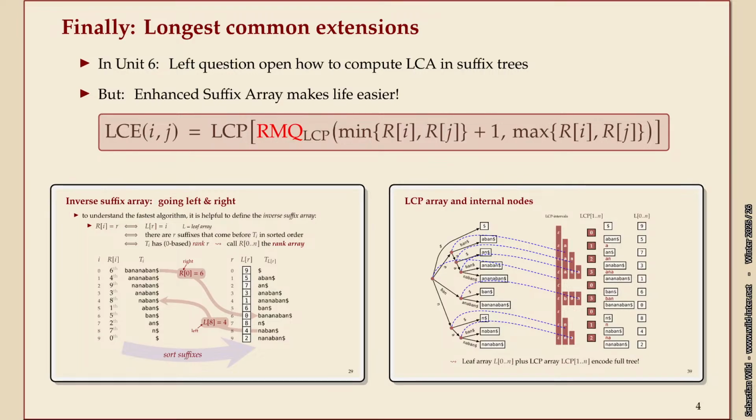What does that have to do with longest common extensions, longest common prefixes, and lowest common ancestors? Well, everything. To compute the longest common extension of two positions in the text, in other words, the string depth of the lowest common ancestor in the suffix tree of these two leaves, or the longest common prefix of these two suffixes that start at position i and j, you just take the smallest value in the LCP array there.